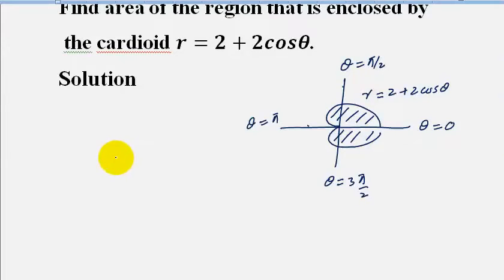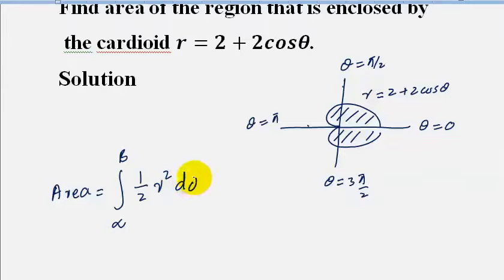The formula we use to find the area bounded by a polar curve is area equal to integration from alpha to beta 1 by 2 r square d theta. In this case, our curve is symmetric about x-axis.